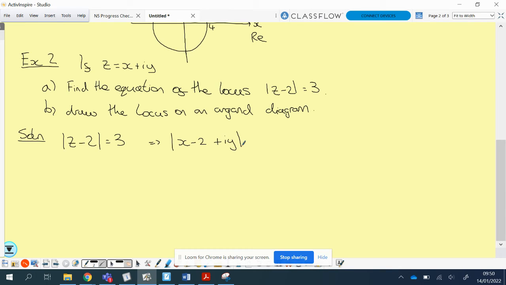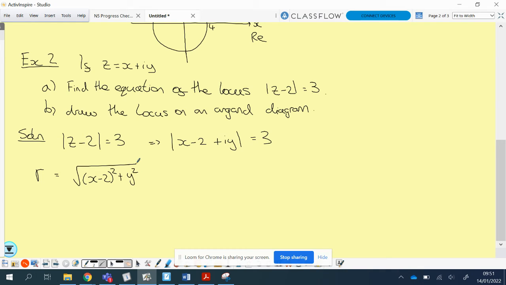So what that means is I can now say that this thing here equals 3, and now using the fact that the modulus is r, because we work out r like this, here it's going to be not just x, but x minus 2 all squared plus y squared.